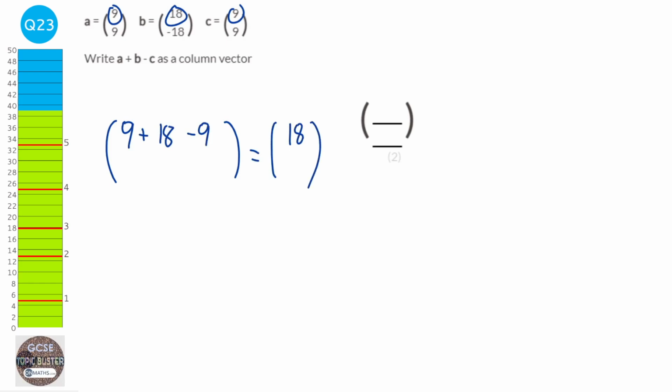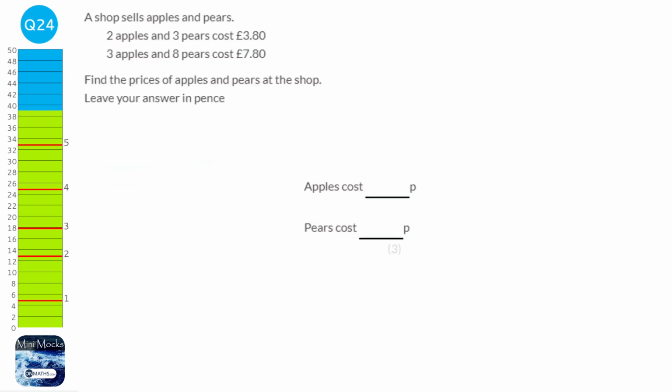And the bottom will be 9 plus minus 18, so really minus 18, and minus 9. And so that will be minus 18. So our column vector will become 18, minus 18.